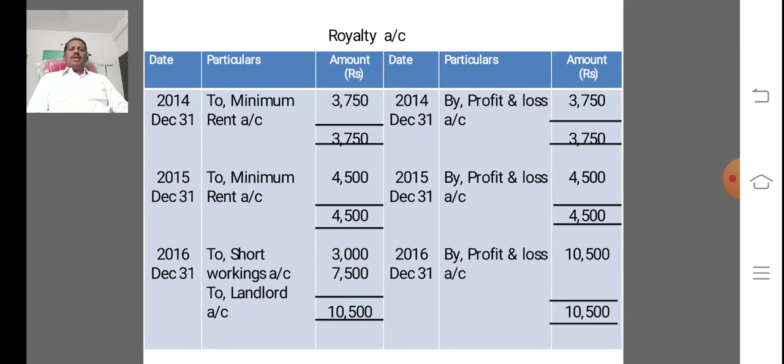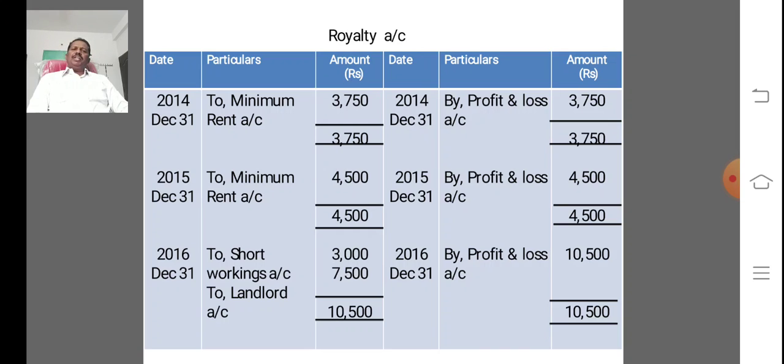Another account is the royalty account. In 2014, debit to minimum rent account 3,750, credit by P&L account 3,750. In 2015, to minimum rent account debit 4,500, credit by P&L account 4,500.